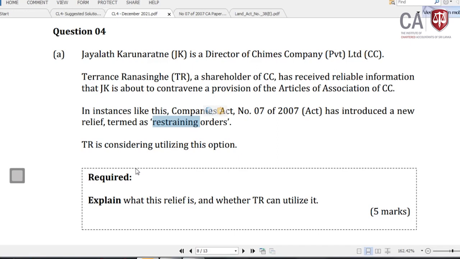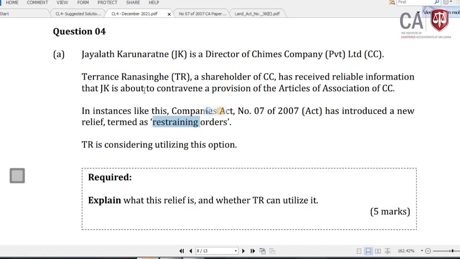Now, here what has happened, Jayalat Karunaratna, JK, who is a director of the company, is now trying to do something in violation of the Articles of Association, in violation of the constitution of the company. So a shareholder, Taran Ranasinghe, has received reliable information that a director is about to contravene a provision of the articles.